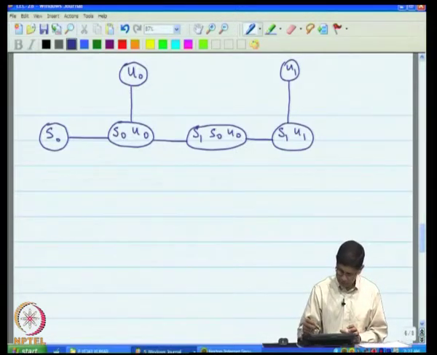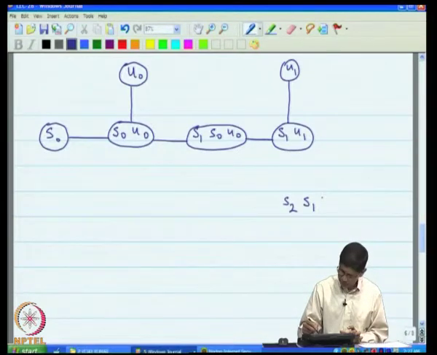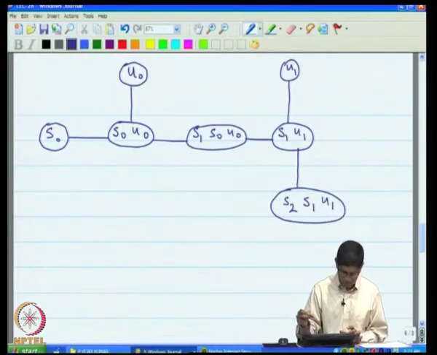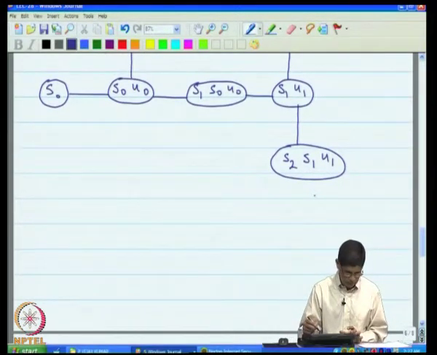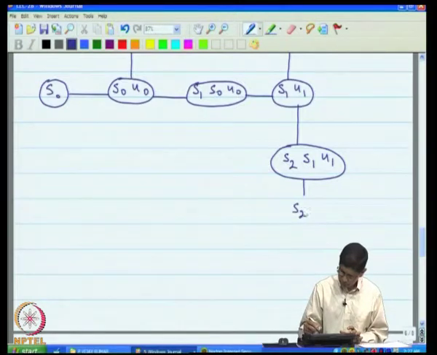And then you have S2, S1 U1, which you can connect to this. Then you have S1 U1, S2 U2, to which you can connect U2.